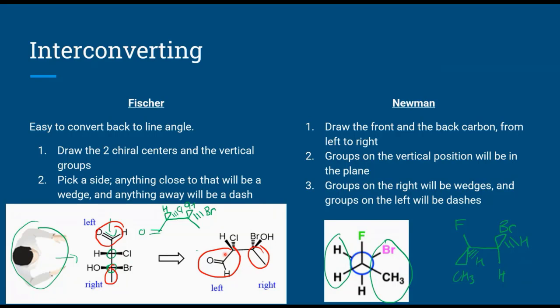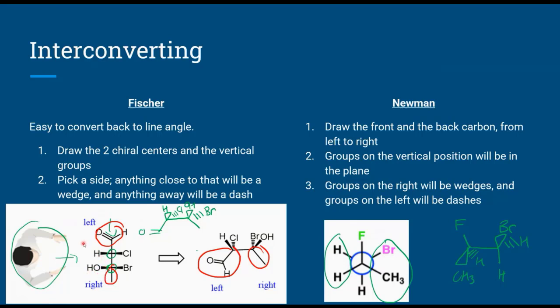So how do you decide which is which? So you take the perspective of this person right here, right? You're going to look at it from the left side. So once you drew out your OH, your aldehyde and your CH3, you're going to say, well, from the left side, if I'm looking at it directly on this way, the hydrogen and OH are facing me.